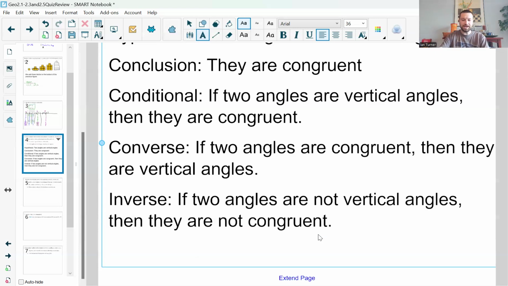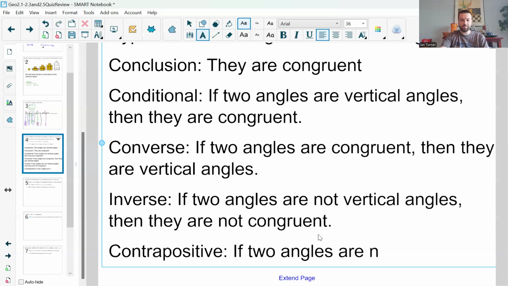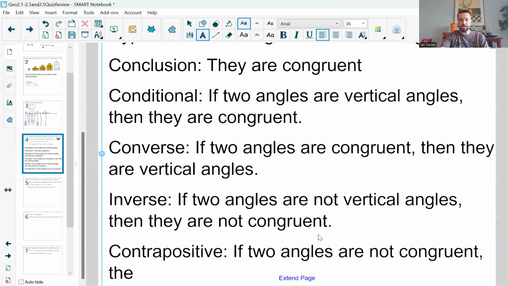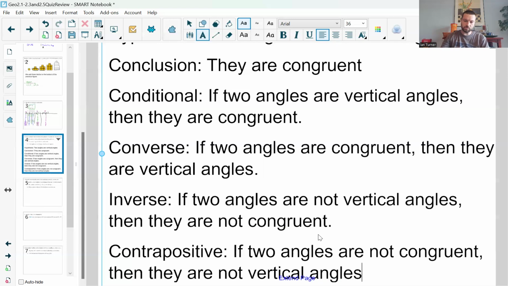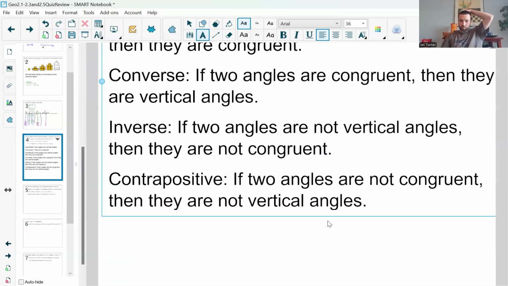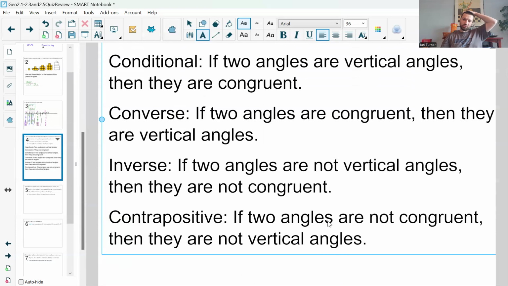And then lastly, everybody's favorite, we negate and flip. So if two angles are not congruent, then they are not vertical. Right? Pretty straightforward. I feel like we have this down pretty well.